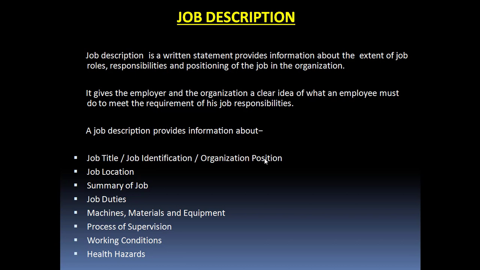So the things which will come under job description are the job title, job location, summary of job, job duties, that is, what are the duties of the particular job, what are the machines, materials and equipment which will be used to do the job, what is the process of supervision, that is, whether that particular type of job requires supervision or the person who will be doing the job will supervise, what is the working condition, what are the health hazards related to it. Everything which is related to a particular job will be explained in the job description. Clear?